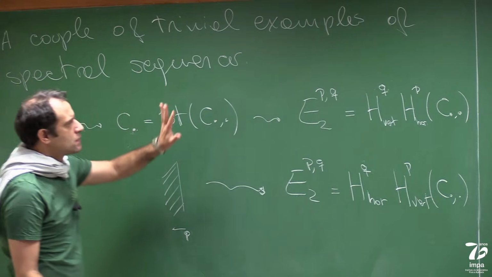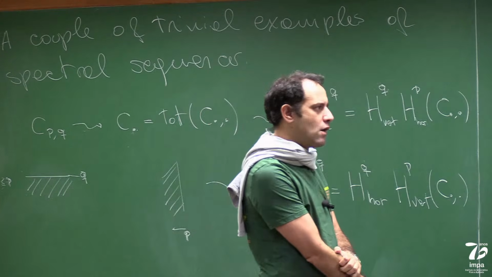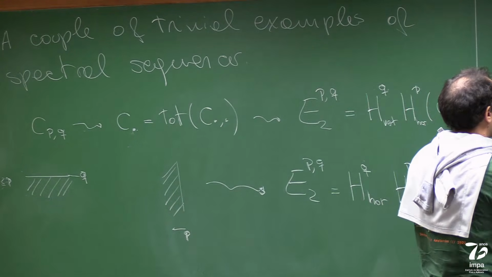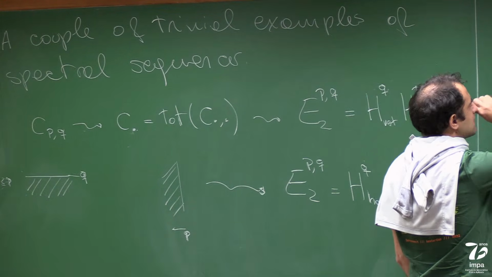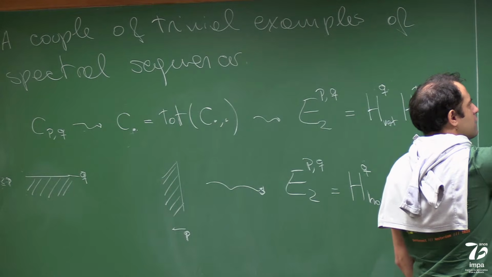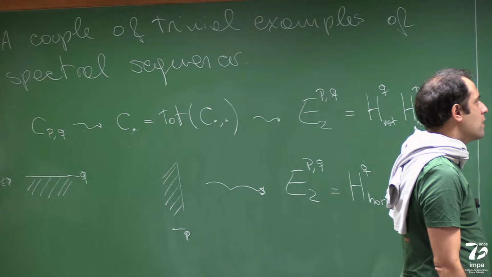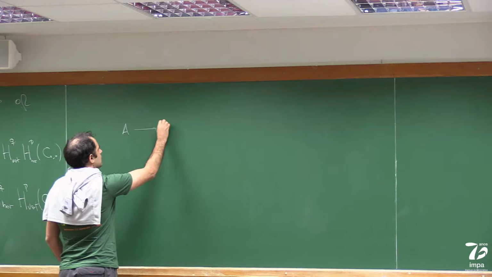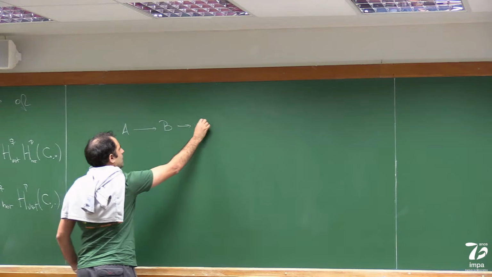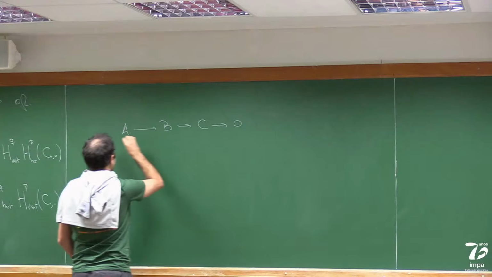And I want to do just a couple of trivial examples and be gone with it. So the first example of a spectral sequence is if you're given a double complex with only 2 rows. So let's suppose that we have a double complex like this.